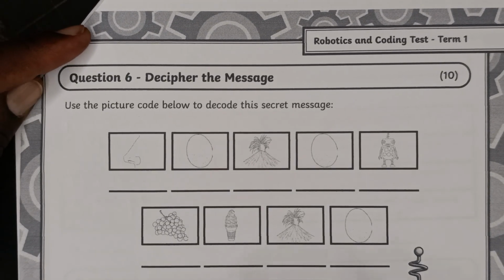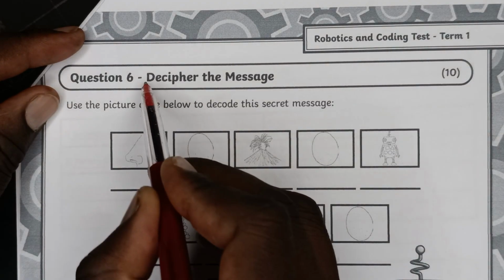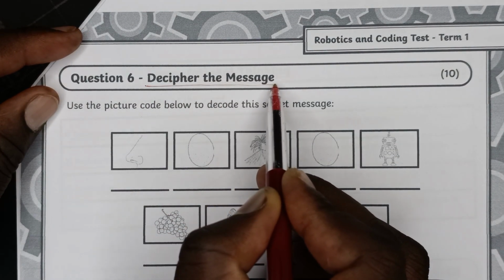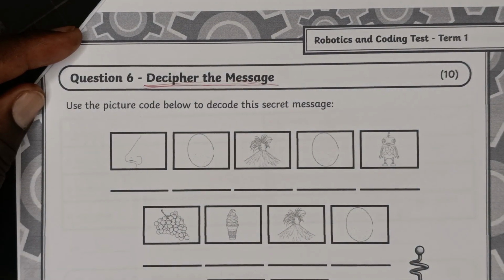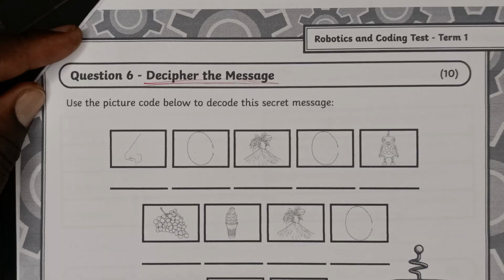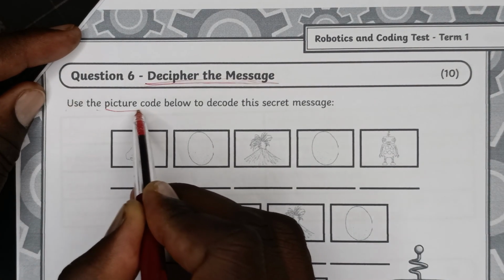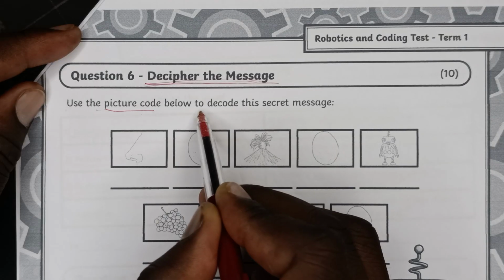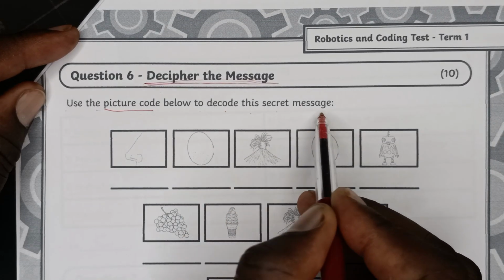All right, now we are doing the last one, which is decipher the message. We are expected to decipher the message that we are given using these pictures. The instruction says, use the picture code below to decode the secret message.